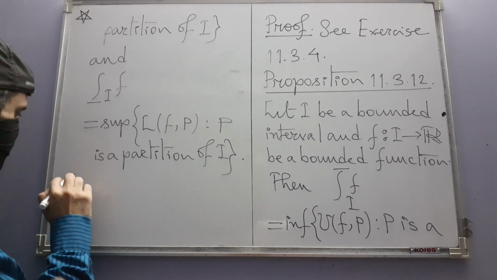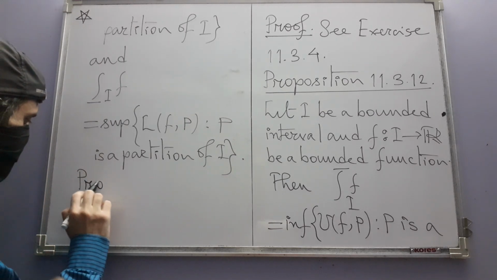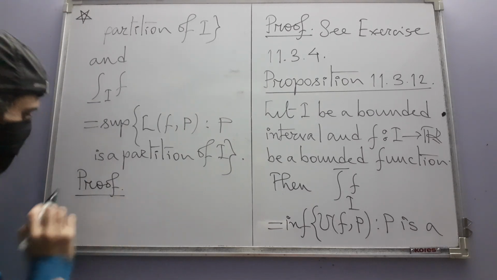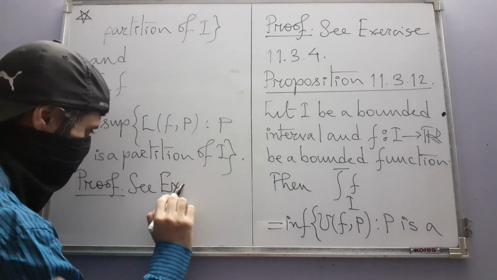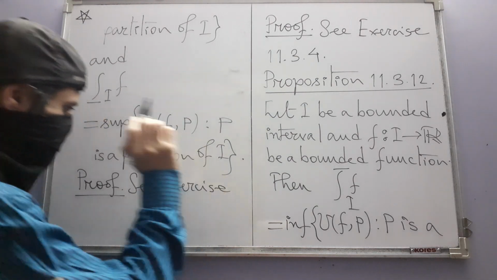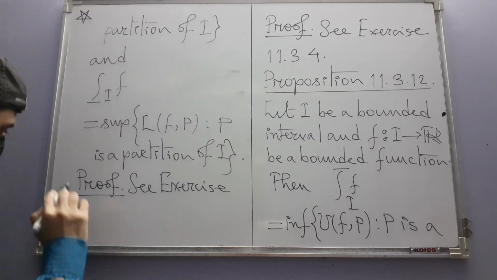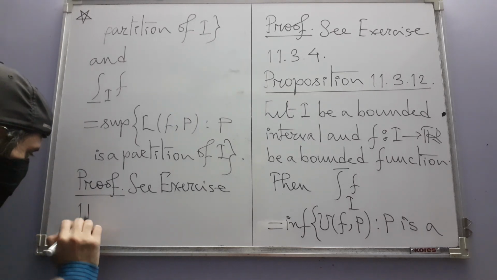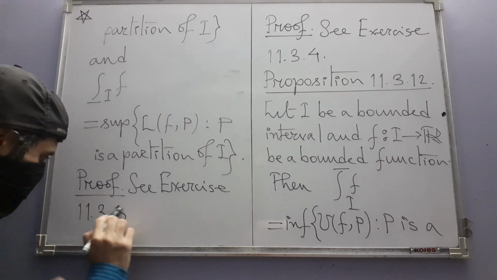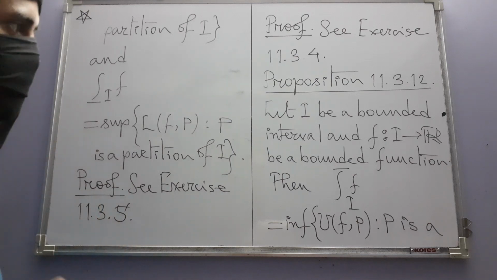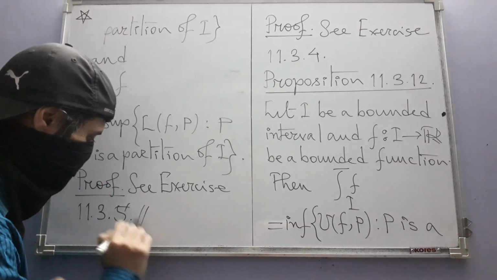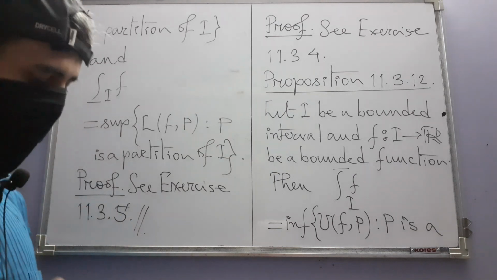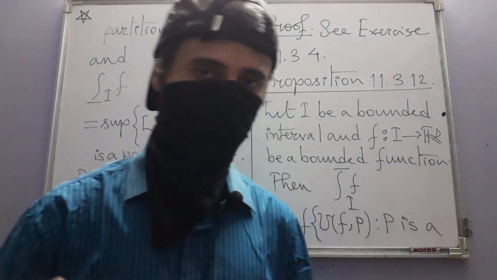And its proof is also one exercise. This is, I think, the fifth exercise. So that's just it. In this section, this is all we have. Once we solve the exercises, we will be able to go to the next section.